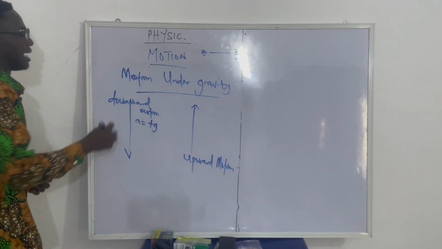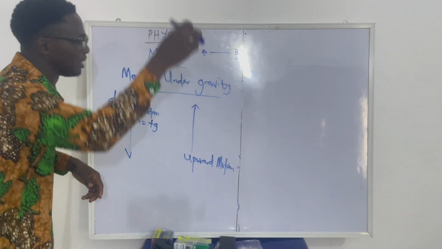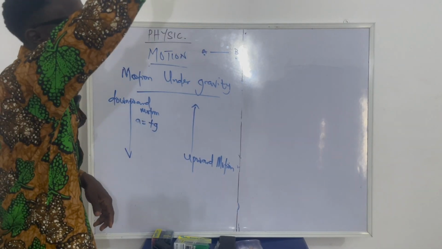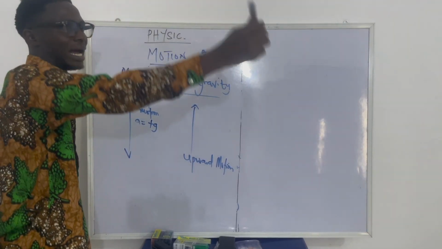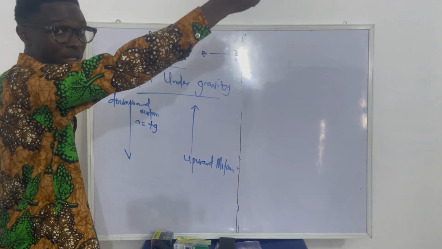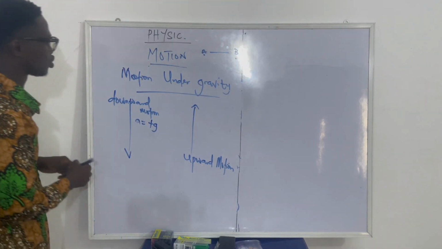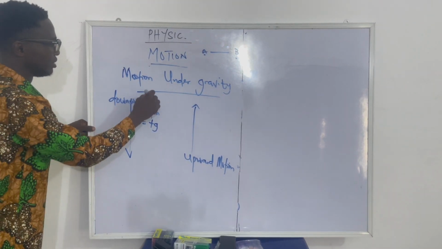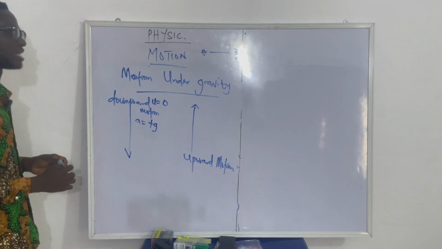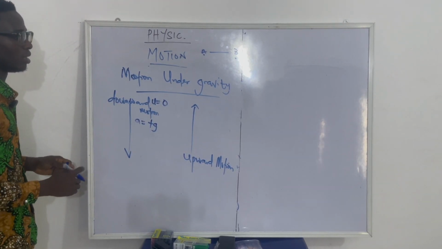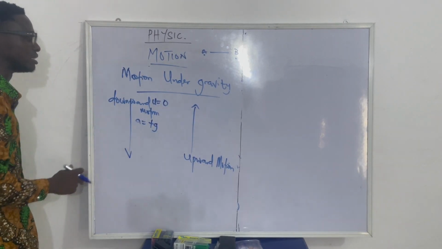Now, at the initial point, at the maximum height, we don't know what? We don't know the velocity. When the body is up, we can say that the initial velocity is 0.